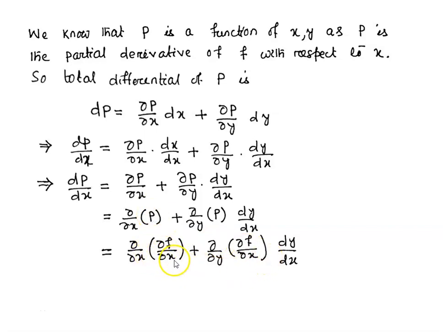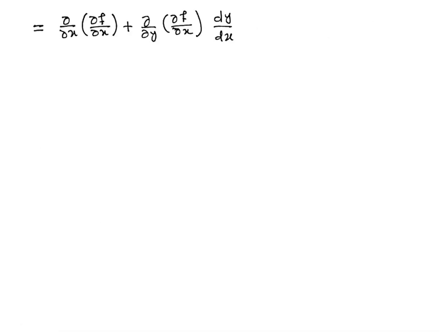So here in the first term, we have the second order partial derivative of f with respect to x, that means del square f divided by del x square. And in the second term, we have the partial derivative of del f by del x with respect to y. That means it is the second order derivative of f first with respect to x, then with respect to y. That is del square f divided by del y del x into dy by dx.